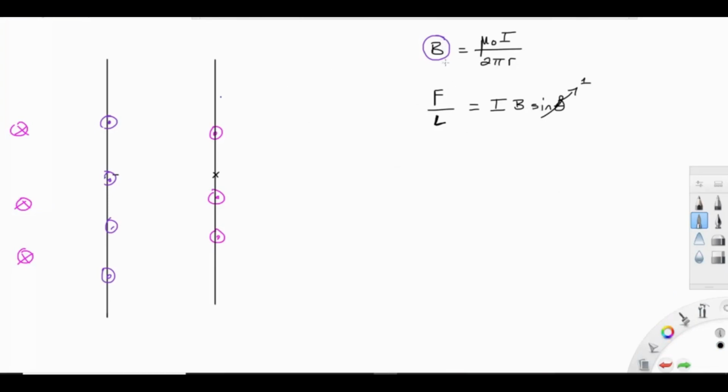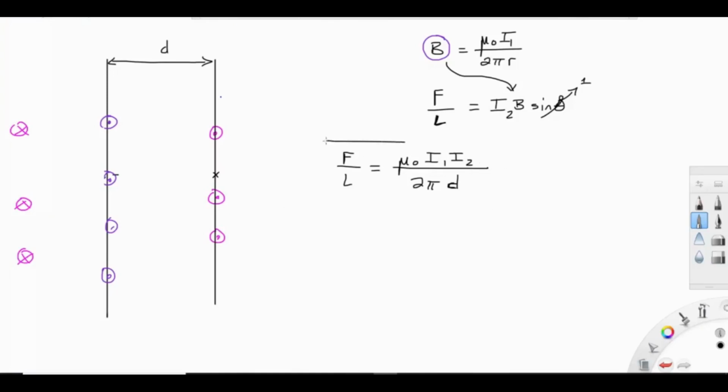So the force per unit length on any set of wires will always be given as mu-naught times the first wire's current times the second wire's current, because that's where this comes in, divided by 2 pi times, and you could put r here, but it's a little bit easier to distinguish this equation if you put d as the distance between these two. And again, there's no reason that I have to use d here and r here, but it just helps to isolate them in your mind to keep things organized.